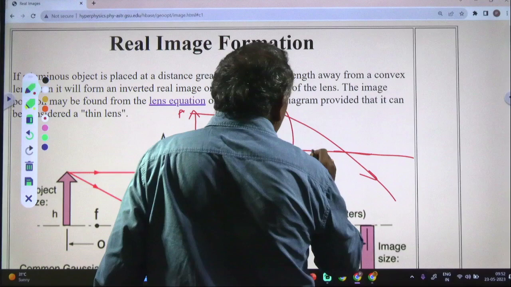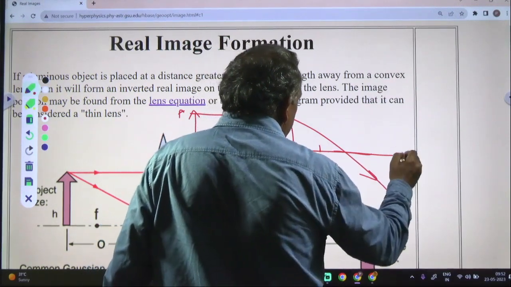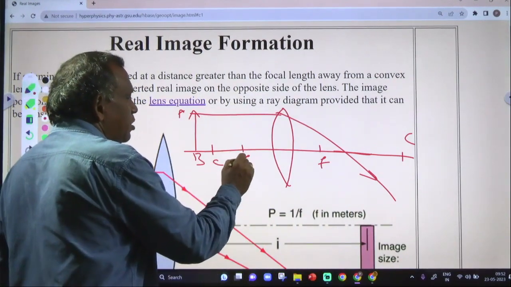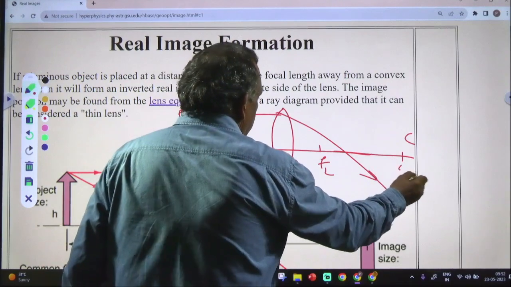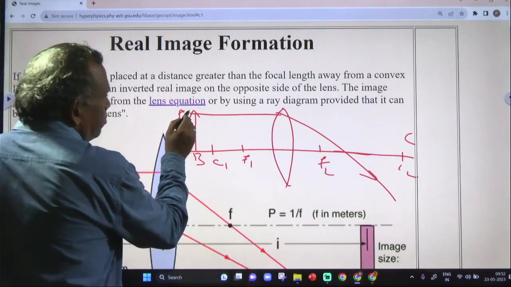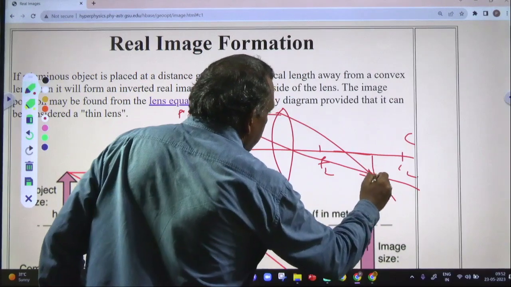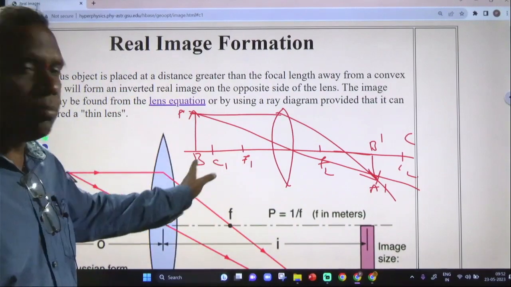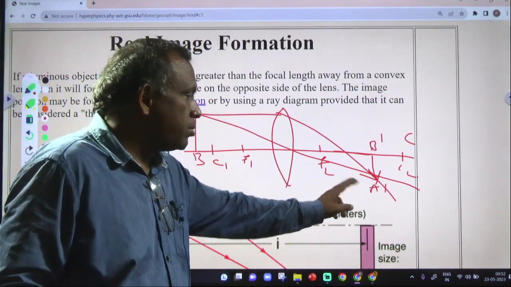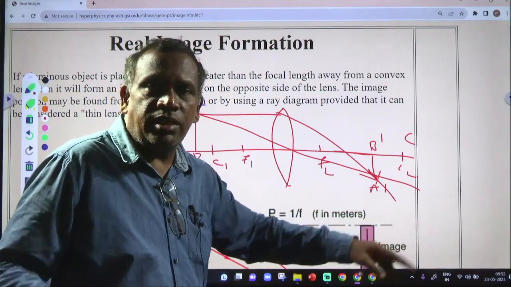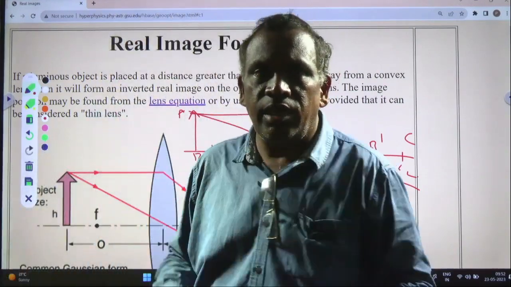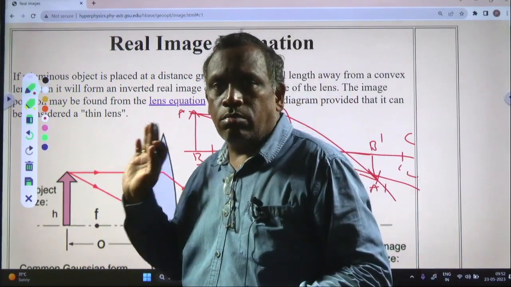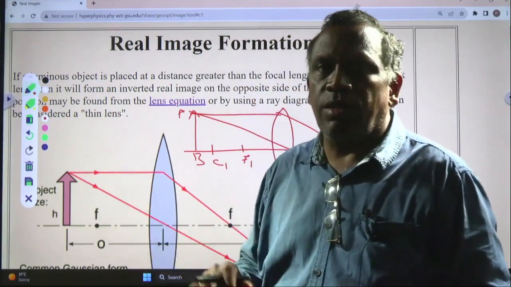Here there is a focus and a center of curvature: C1, F1, F2, C2. The image forms between F2 and C2, as B dash A dash. It is a real inverted image. This is important: the location of the object determines where the image is formed.